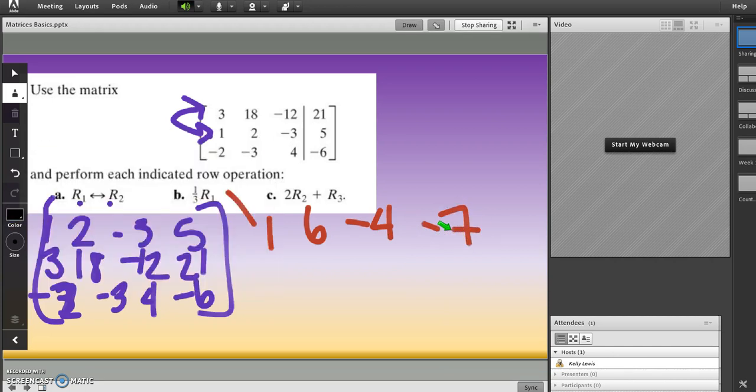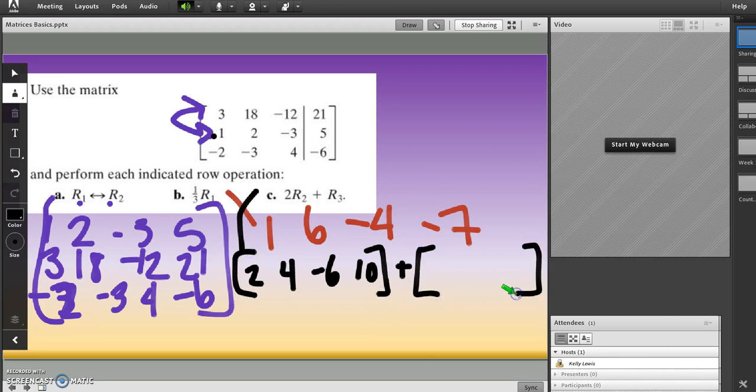Right, now let's do C. We're going to take row 2 and multiply by 2. So 1 times 2 is 2. 2 times 2 is 4. 2 times -3 is -6. 2 times 5 is 10. We're going to take that and add it to row 3.